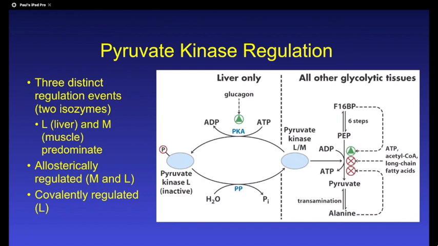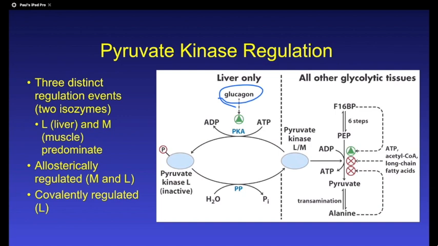And so the signal of protein and the signal of fat will stop the use of glucose. This happens both in liver and muscle. In liver only, we've got some other indicators, and again, a signaling from a hormone. The hormone actually causes the pyruvate kinase to be phosphorylated. That's a covalent modification.